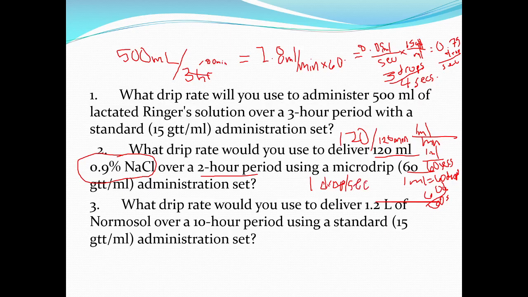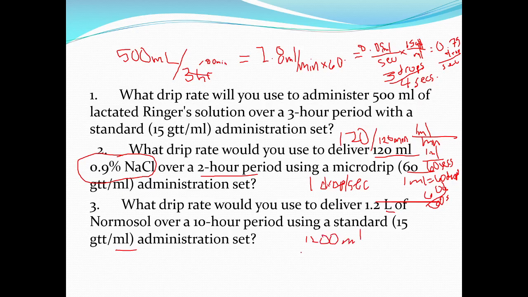Next question: what drip rate would you use to deliver 1.2 liters of Normosol over a 10-hour period using a standard 15 GTT per mil administration set? Liters, mils. Uh-oh. Let's change that. 1.2 liters is 1,200 mils if we multiply by 1,000.